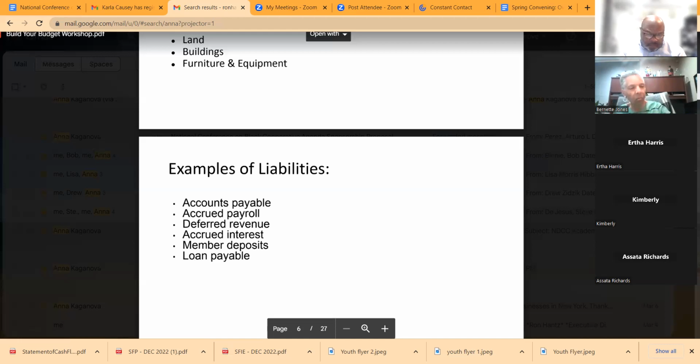Even when you give it to the bookkeeper or whoever's doing your taxes, they can have a more clear-cut portfolio of where all of those transactions go. Because a lot of people get confused. They'll bring you a box of receipts and say, here, bookkeeper, figure out my stuff. That's not how it works.